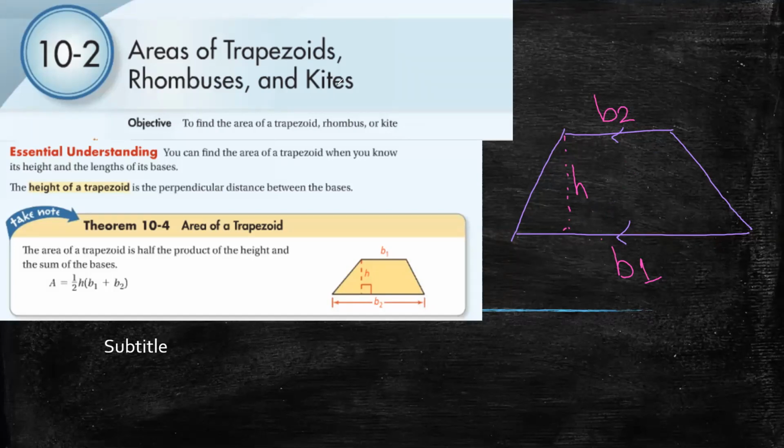And the formula or the rule is A, the area, equals half the height times the summation of base 1 plus base 2. So the first step, I add the length of the two bases, then I multiply it by half the length of the altitude, or half h.